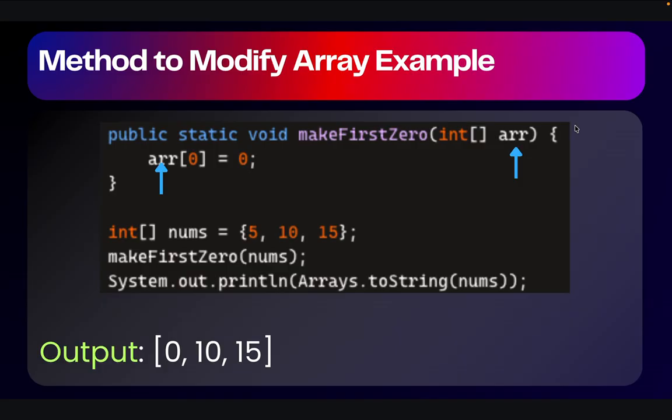So that is another way you can use it. You can use it to do some sort of calculation, functioning, usage of an array, or even modifying an array. So yes, you can pass arrays into methods.